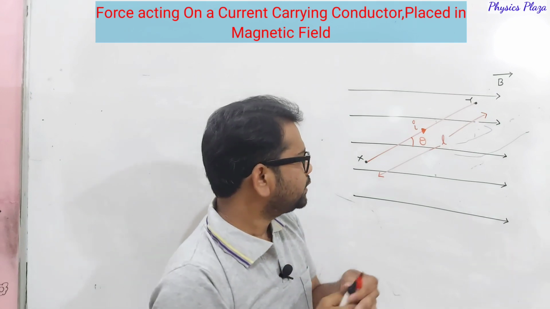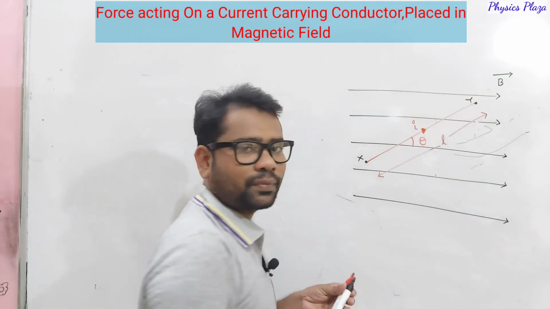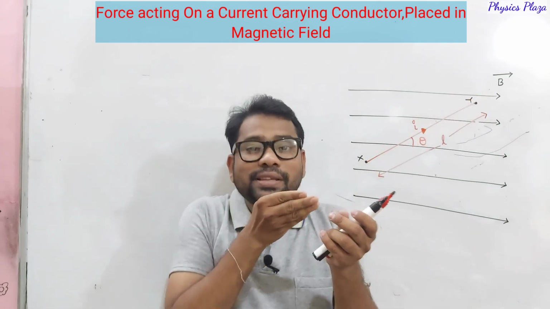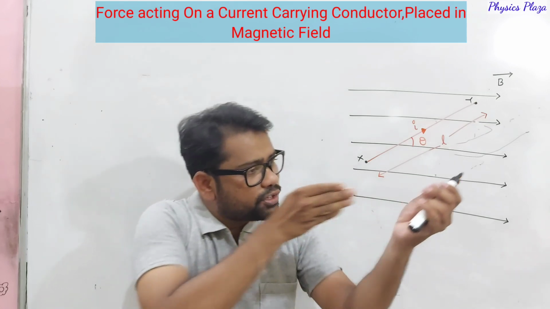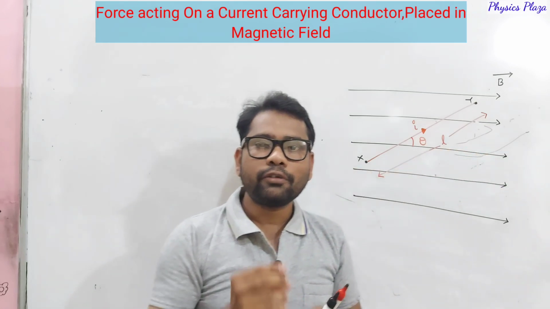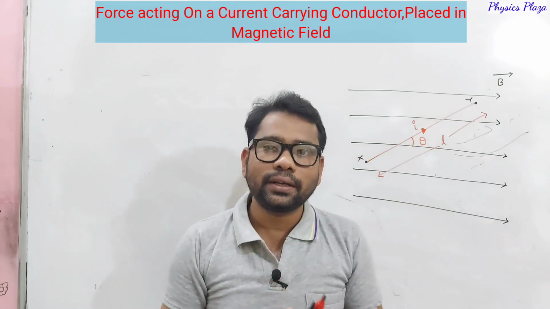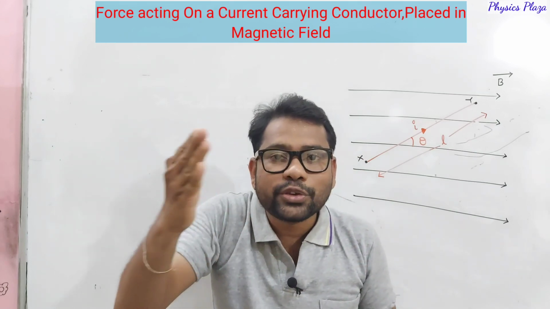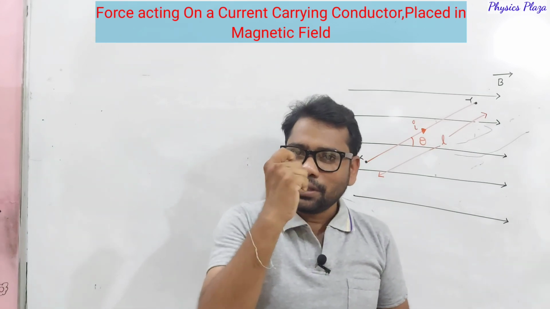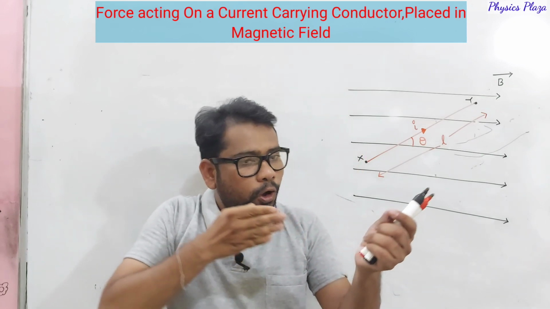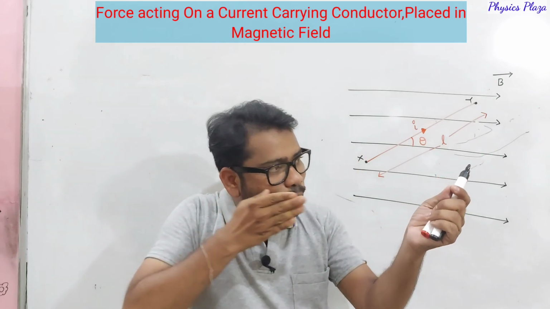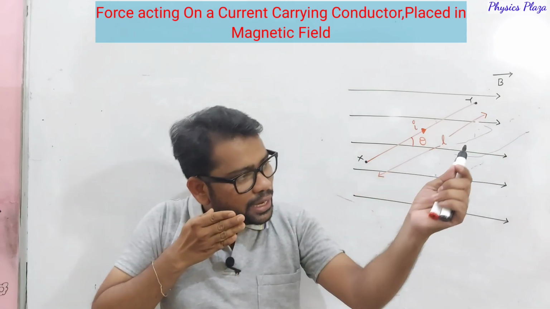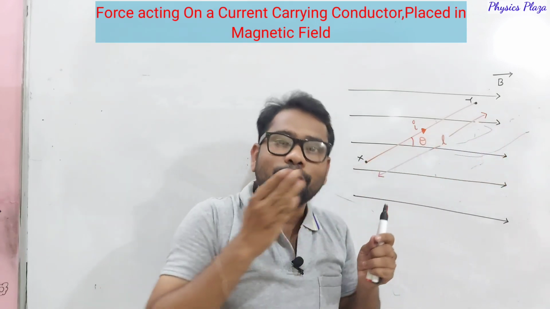Children, now think about this conductor. It is not a simple conductor, but one through which current is passing. Now you tell me, children, what is current? Rate of flow of charge. Can we imagine a situation like this: all charges moving in a disciplined manner through a conductor?